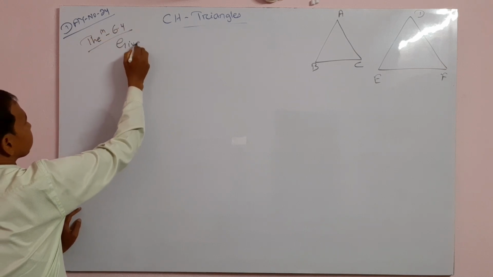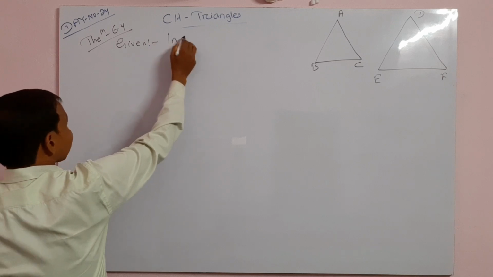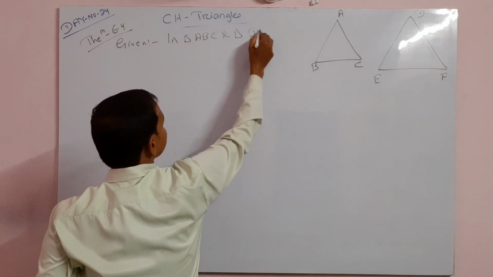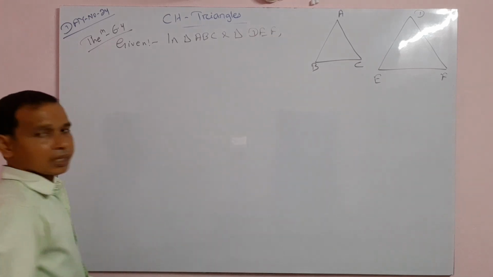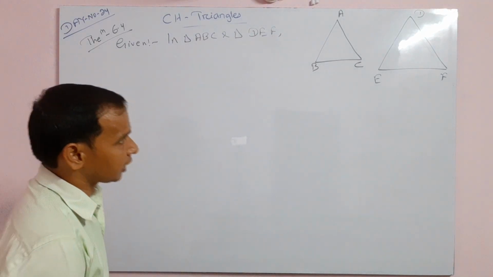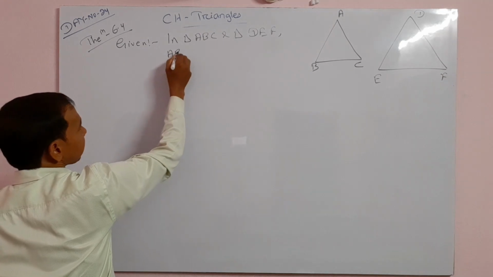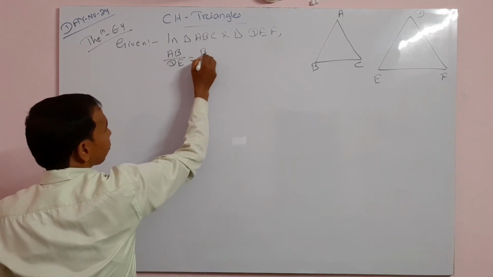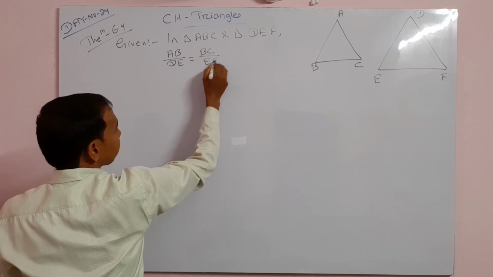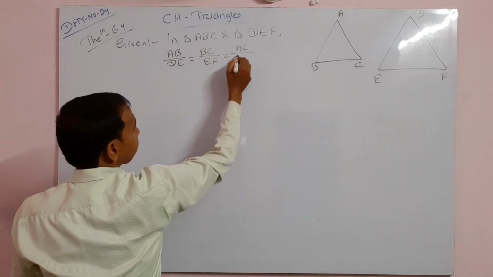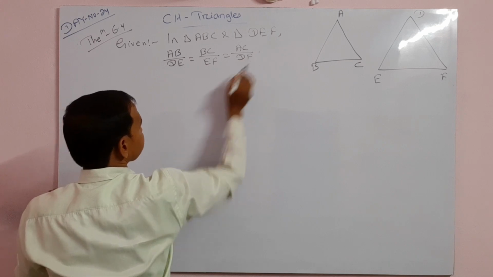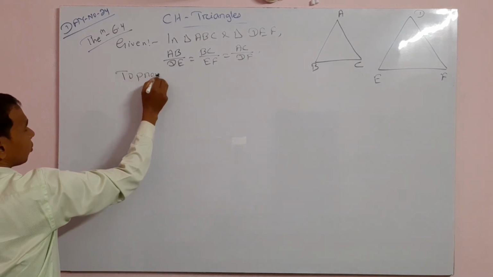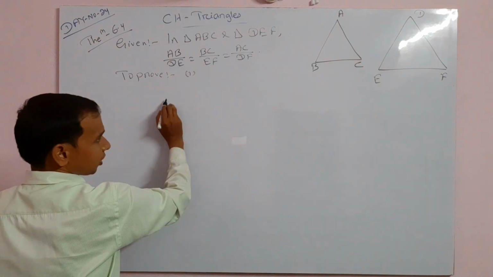Given: in triangle ABC and triangle DEF, AB by DE equal to BC by EF equal to AC by DF. Given is complete.